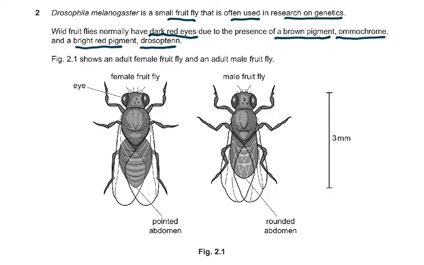So the dark red eyes are due to the presence of the brown pigment homochrome and the bright red pigment drossopterin. The red pigment is drossopterin and the brown pigment is homochrome.